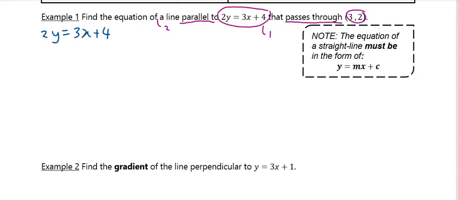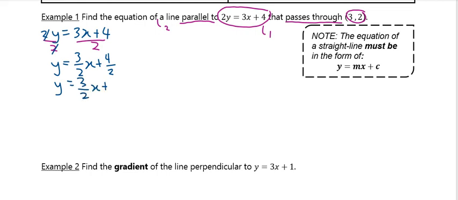So the first thing you have to do is divide this equation by 2. Afterwards, cancel everything here: 2 divided by 2 equals 1, y. And then this one, you have to split: 3 out of 2 x plus 4 out of 2. So your equation for line number 1 is y = 3/2 x + 2.